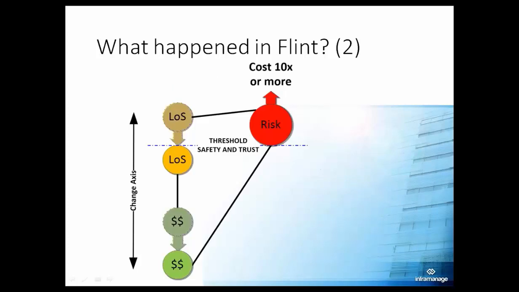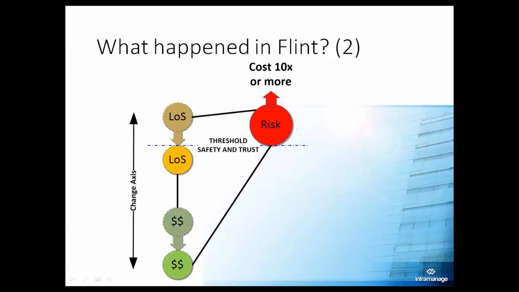So what happened there, this threshold line, which I'm calling the safety and trust threshold, is that risk crossed the safety and trust threshold, and all of a sudden it's visible to everybody. And so all of the health problems are known. And of course the cost for Flint is going to be multiples of the cost of not having done what they did. It could be hundreds of millions of dollars before that problem's finished being sorted out.